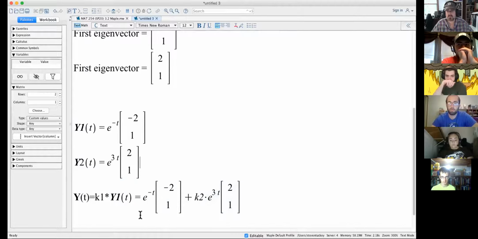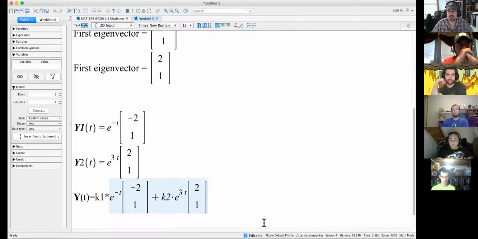It's not pretty, but that is the matrix form of my solution for this system.